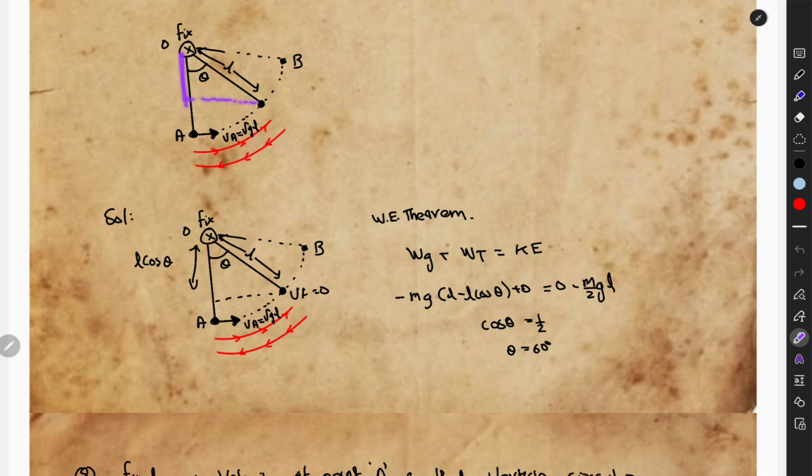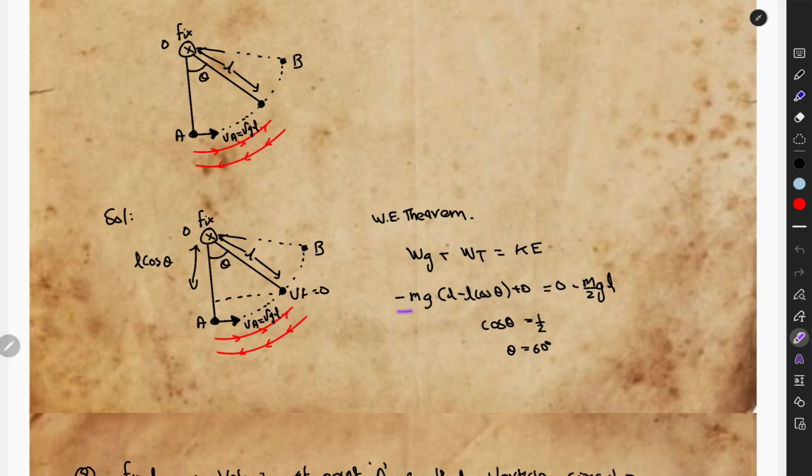So when we draw a particular line here, we can observe that this vertical height is simply l cos theta, and this length is l. So basically the vertical displacement is l minus l cos theta, right? So yeah, this will be the height.